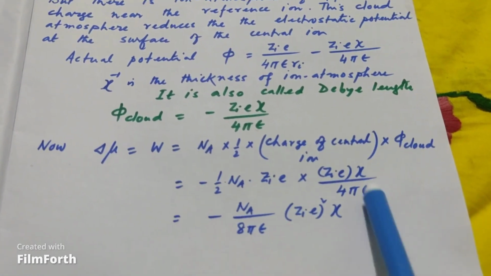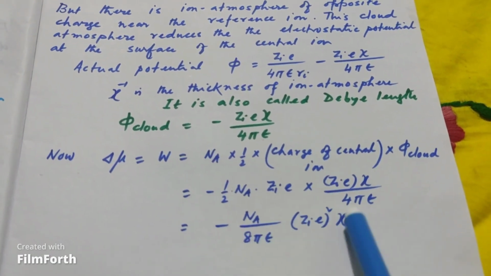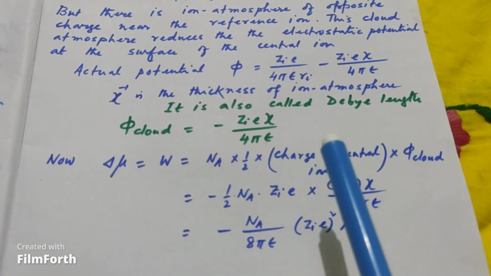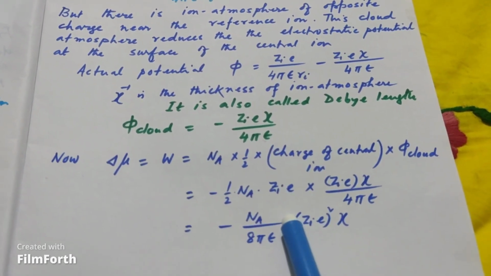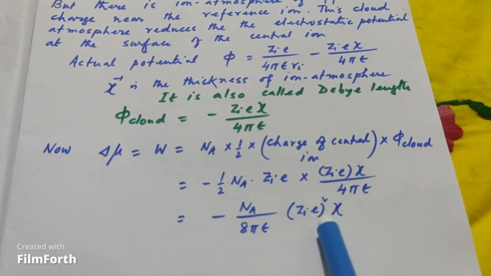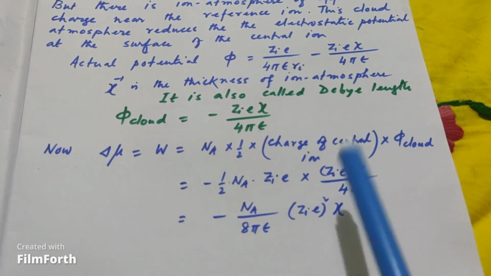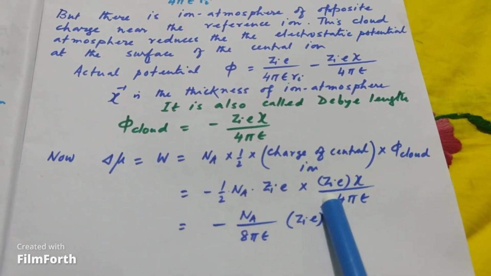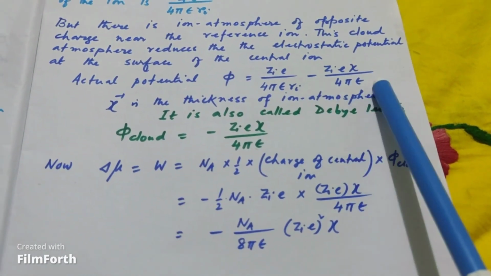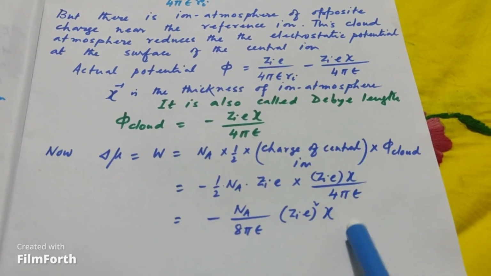This gives this equation. So we have an expression for del mu, and we can relate it to RT ln gamma_i. As a continuation of this video, we'll come up with one more video on how this term, phi cloud, arises, and what the significance and expression of chi is.